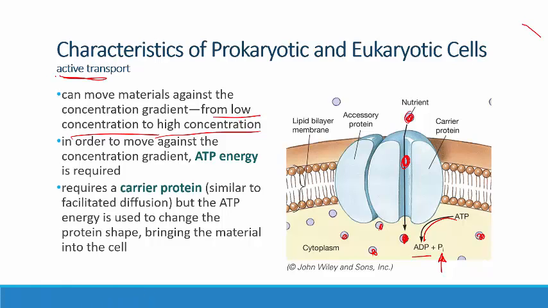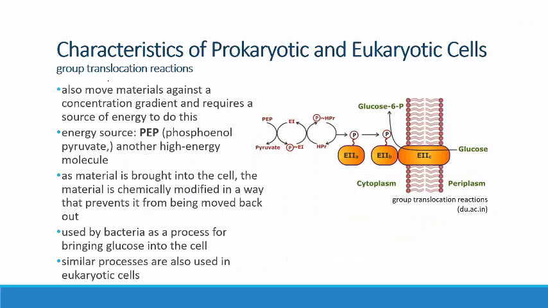So that is active transport when we talk about it this way. But active transport isn't the only way that ATP energy is used to move materials from one side of the membrane to another. We can also move materials in what is referred to as a group translocation reaction. And rather than using ATP to do this, we require a different energy source.